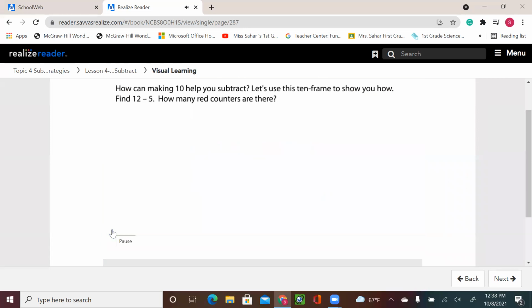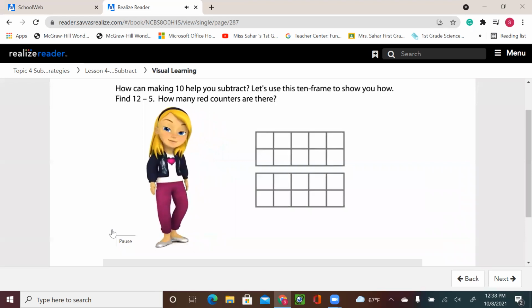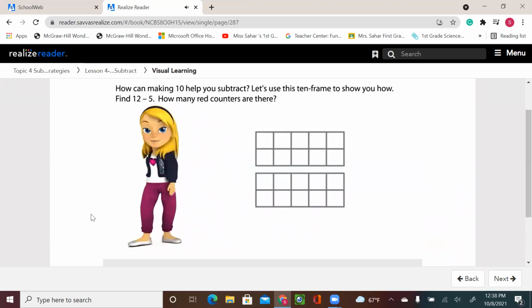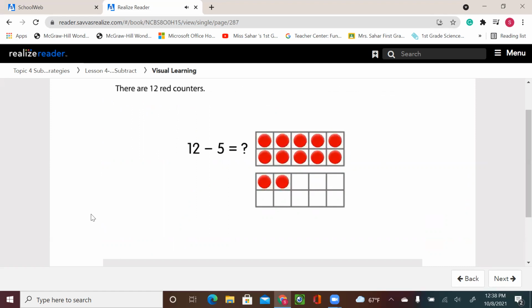How can making 10 help you subtract? Let's use this 10 frame to show you how. Find 12 minus 5. How many red counters are there? There are 12 red counters. You can make 10 to help you subtract.